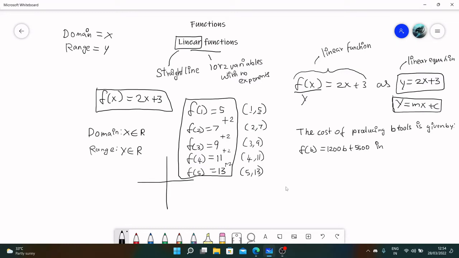All of this is in dollars. So first, what is the cost of 100 tools?